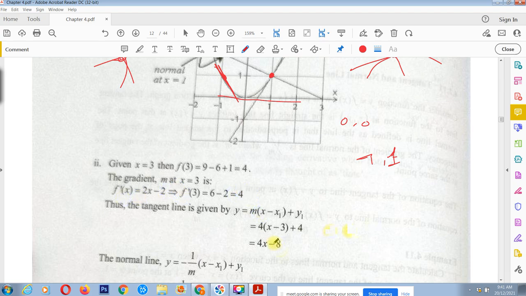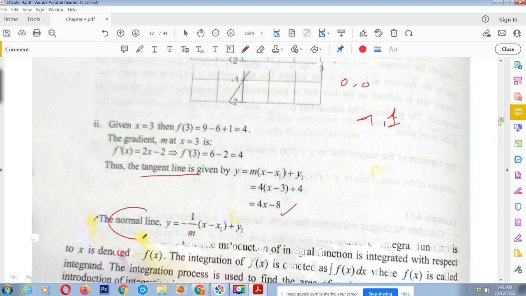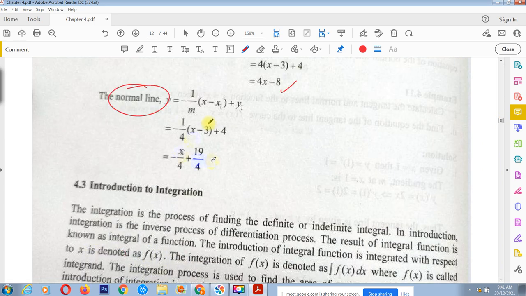Once we get the gradient of the tangent line, we will automatically know the normal line. So once we have the normal line, we put the point of intersection here, so we get the equation of the line for the normal line.